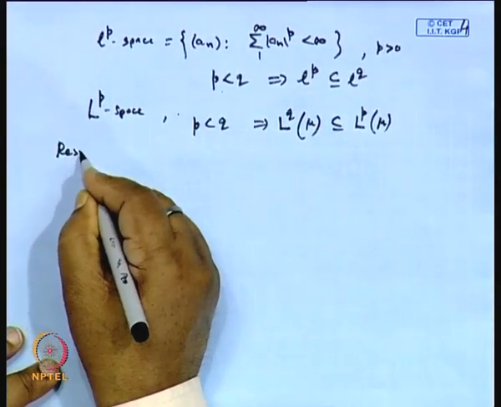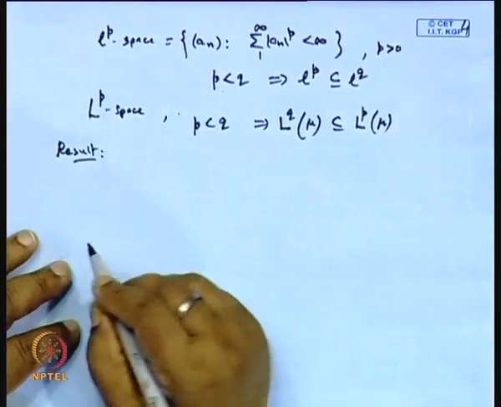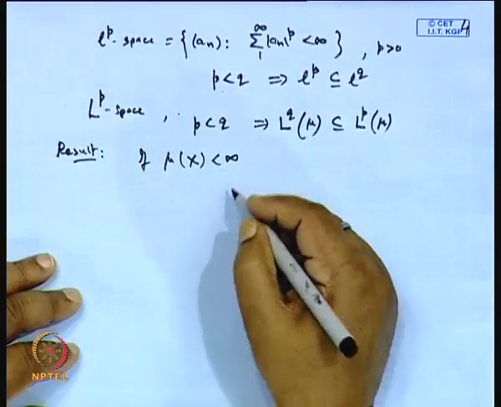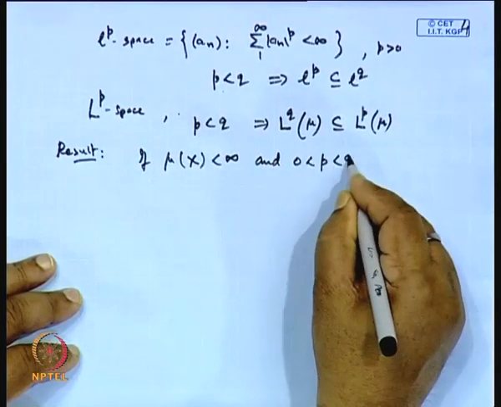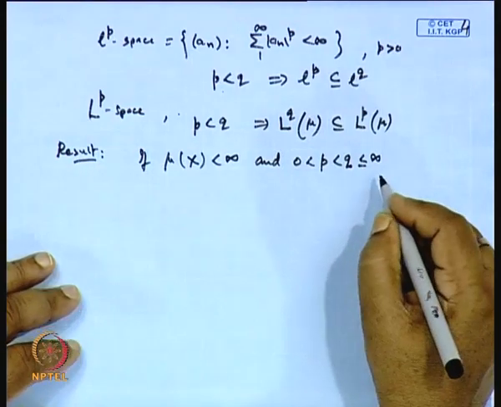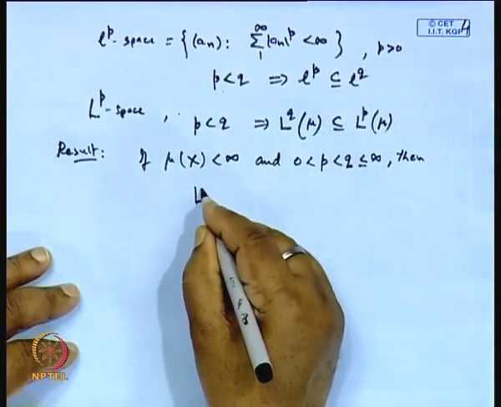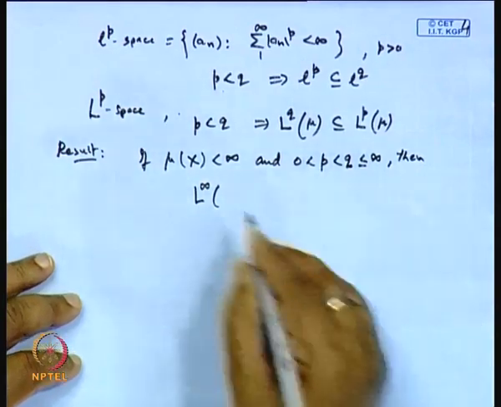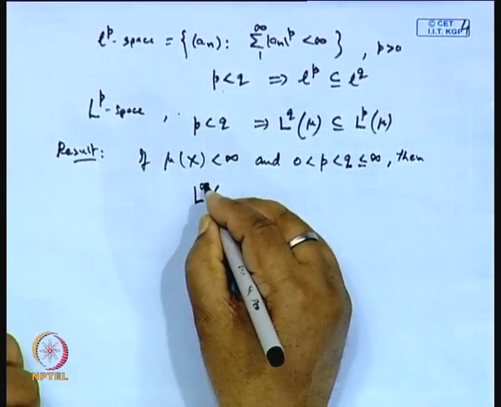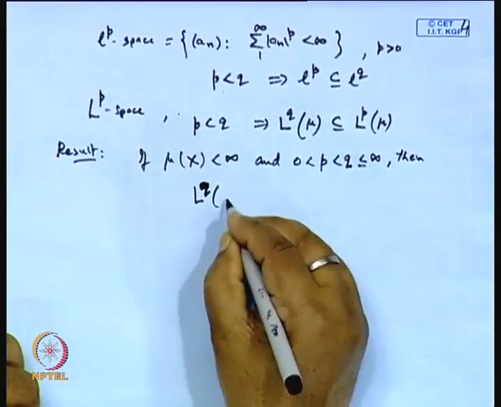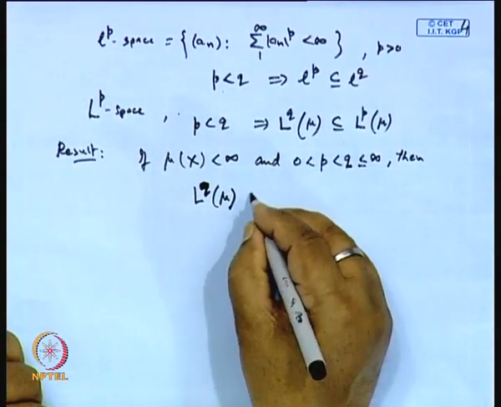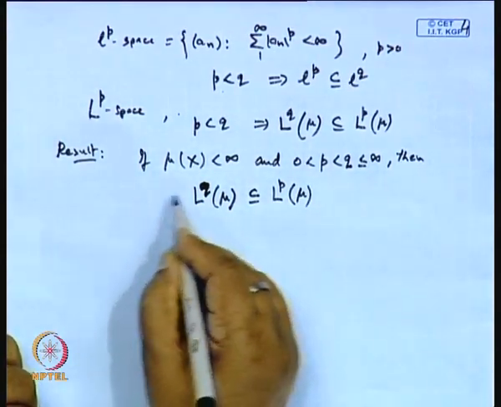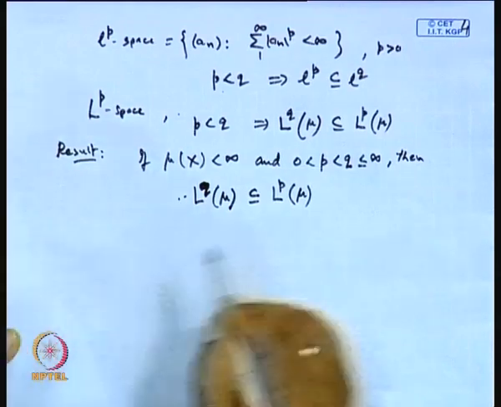In fact, the result is like this: if the measure of the whole space X is finite, and 0 < p < q ≤ infinity, then L^q(μ) is a subset of L^p(μ), and in fact, L^∞ will be a subset of everything.